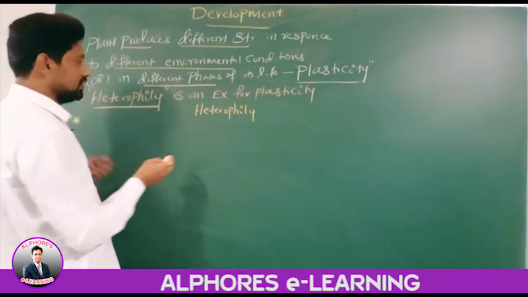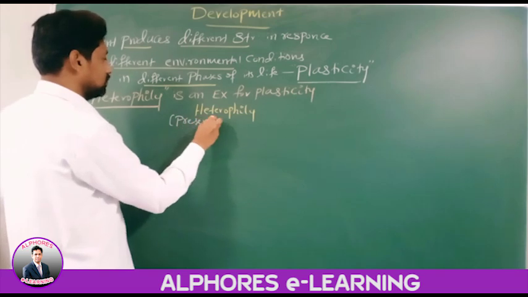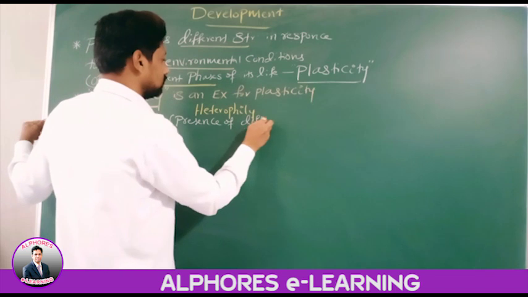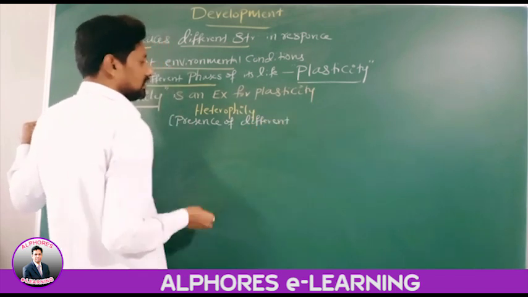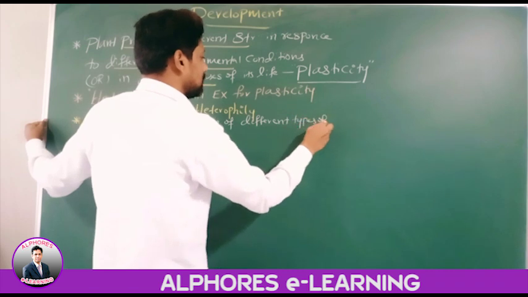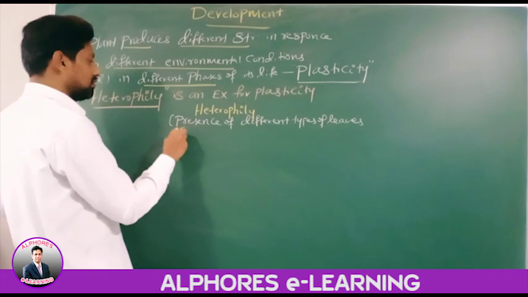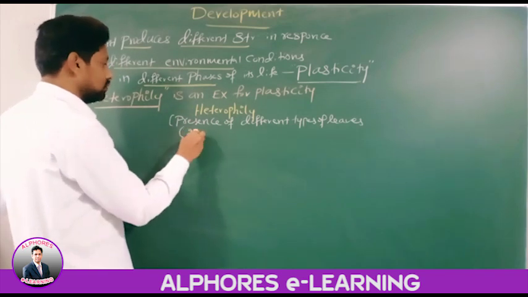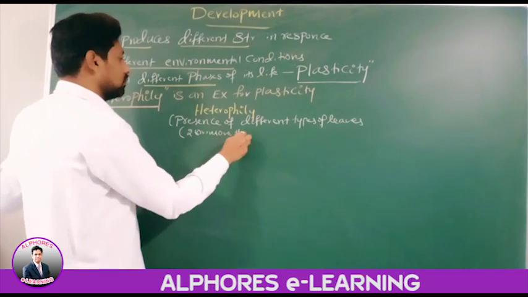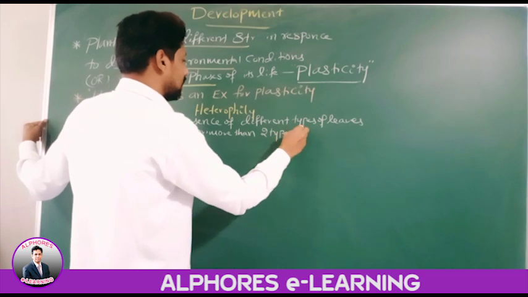Therefore, heterophily, what, sir? Presence of different types of leaves. Sir, different type of leaves means here how many types of leaves are present, sir? Two or more than two types of leaves.